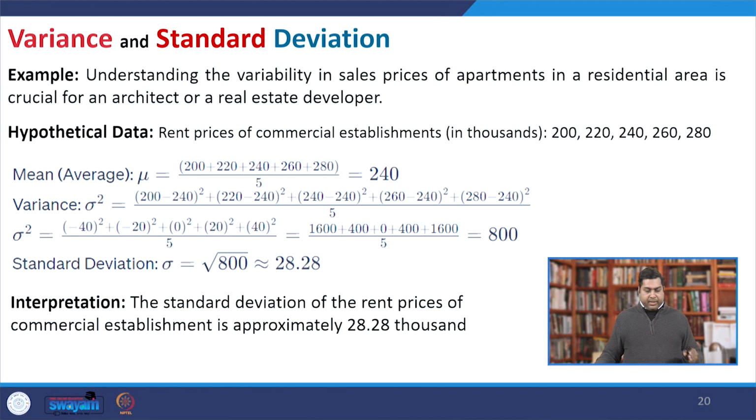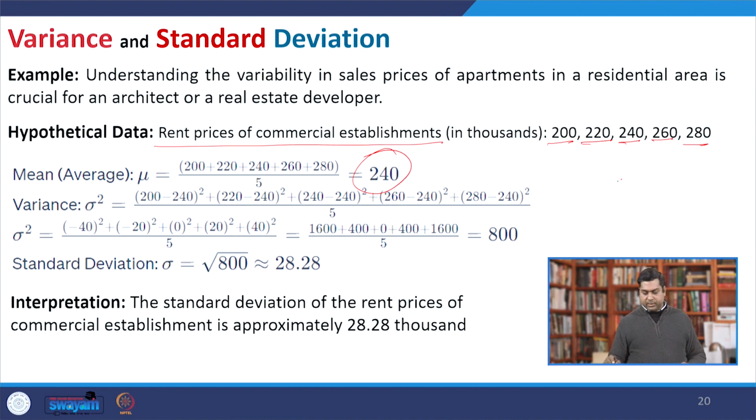Now, coming to the variance and standard deviation example. This is the rent price for a commercial establishment, in thousands: 200, 220, 240, 260, 280. First we have to calculate the mean. If you just sum and then divide, you get 240. Then you go for variance, the same equation.